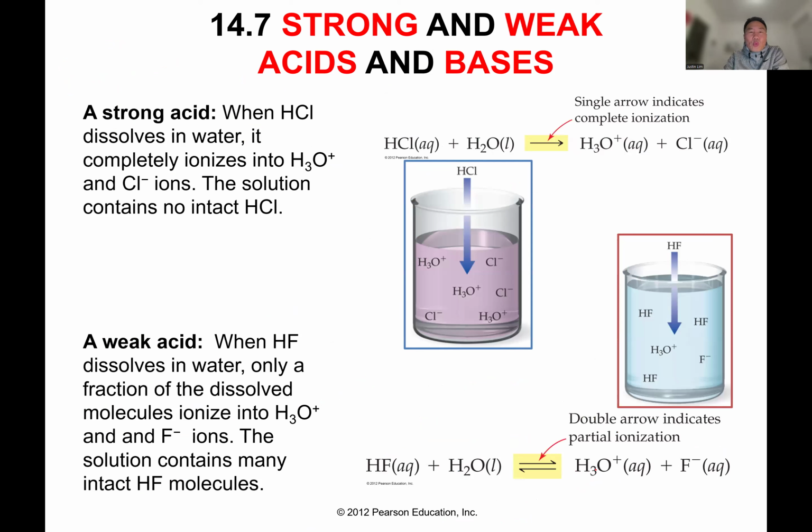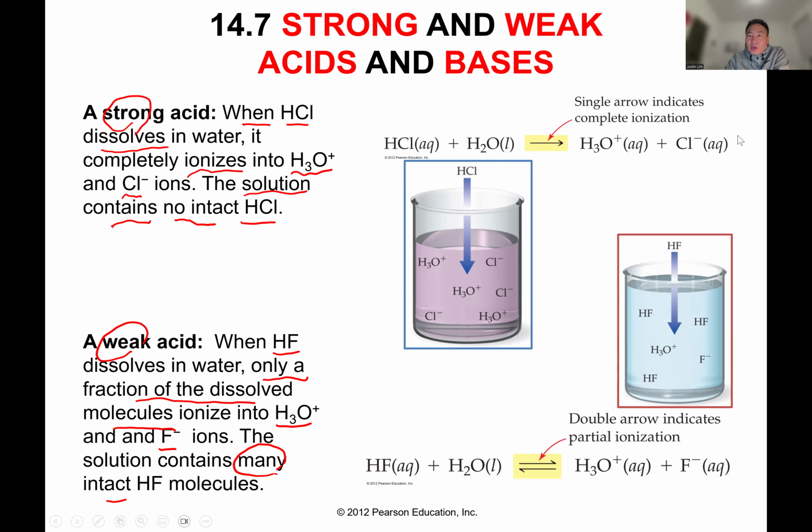So, strong and weak acids and bases. Strong acid. When HCl dissolves in water, it completely ionizes into hydronium and chloride ions. So the solution contains no intact HCl. Weak acid, when HF dissolves in water, only a fraction of the dissolved molecules ionize into hydronium ion and fluoride ions. The solution contains many intact HF molecules.